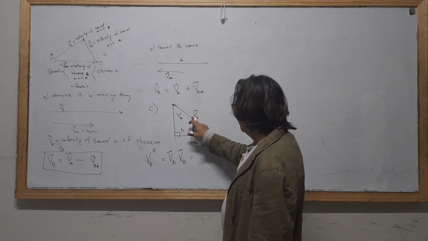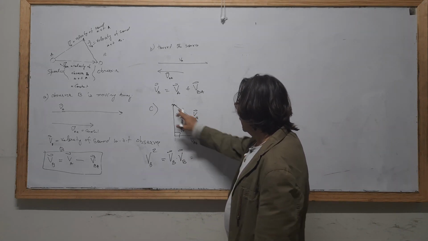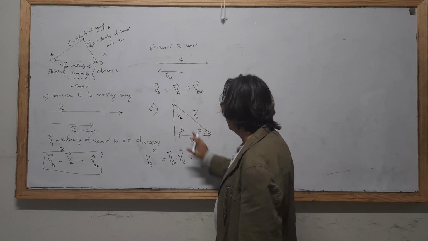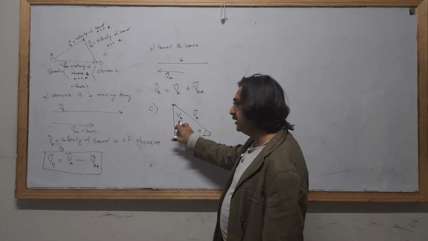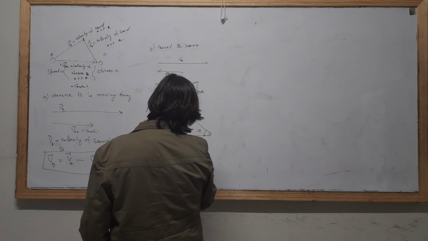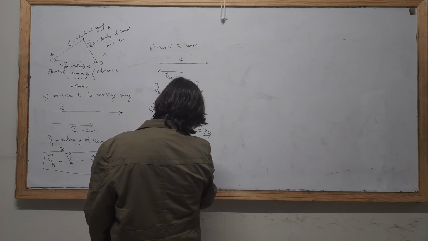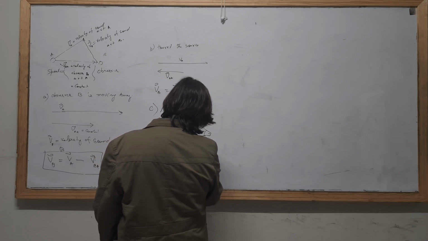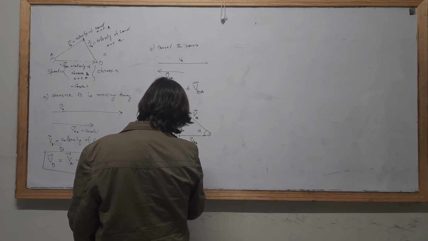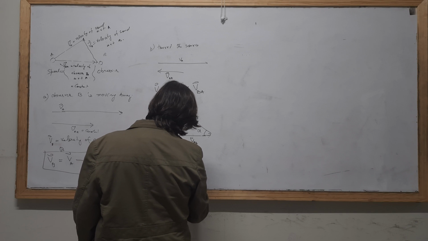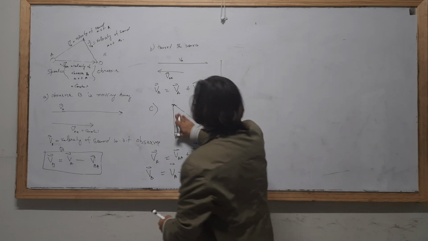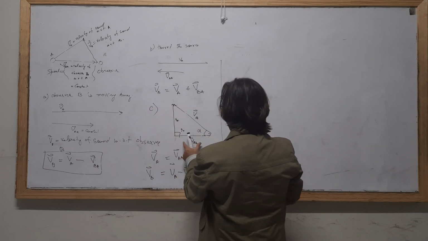But at this moment, head is joining with the head. According to this figure, VA is the resultant, so VA is equal to VBA plus VB, and this implies that VB equals VA minus VBA. I have already proved that VA is the resultant of VBA and VB.